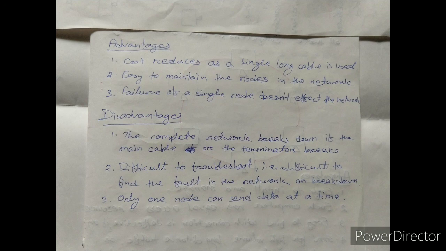Second, it is very easy to maintain, because every node is simply a separate point. And if one of the nodes fails, it does not affect the whole network, because the nodes are connected to the bus, so it does not matter if one node fails.